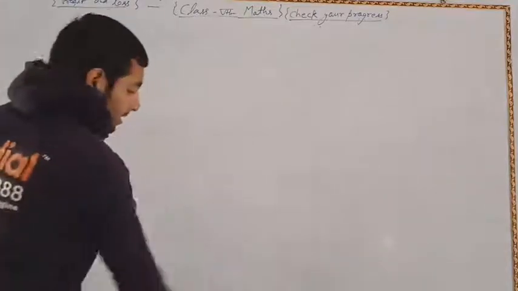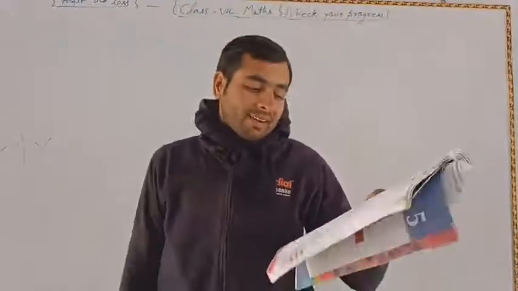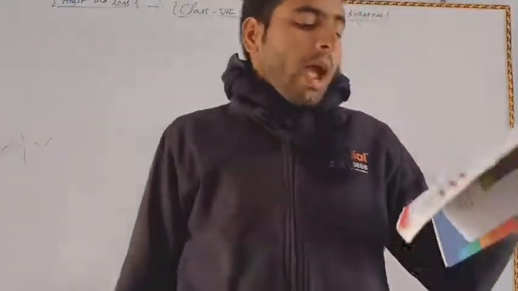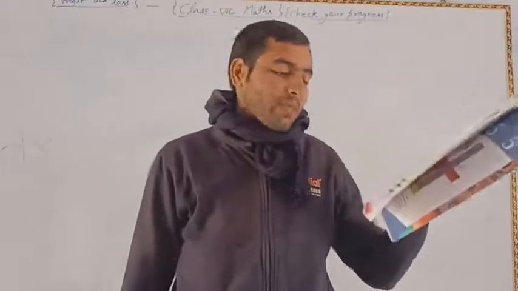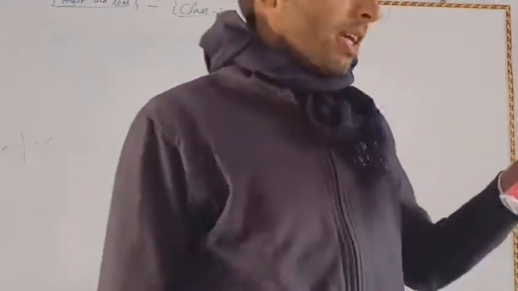Again we solve our question number 9. Here, question number 9 says a bookseller buys books at rupees 45 each and sells them at rupees 63 each. Find his profit percent on each book.